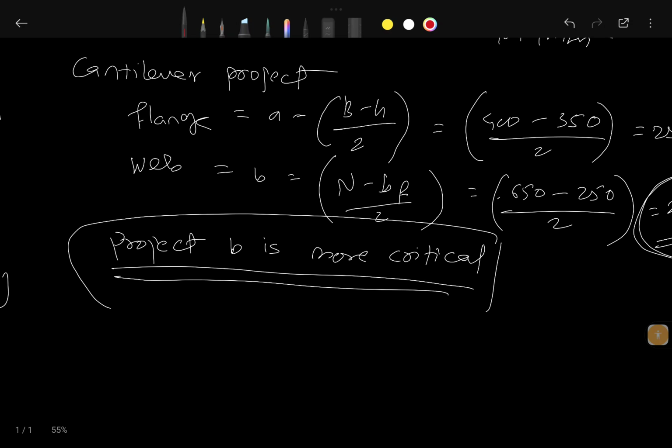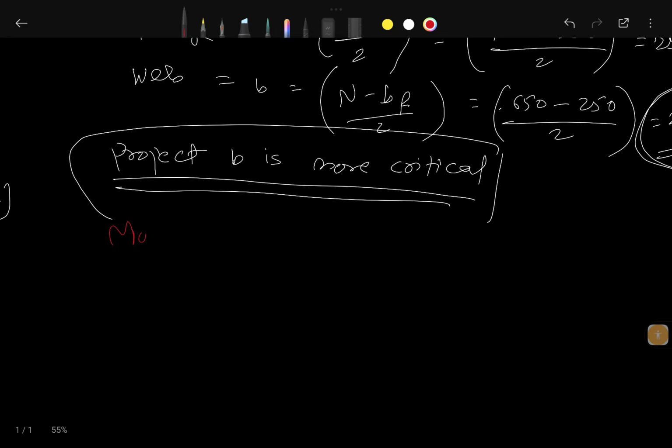For that, we consider the base plate is fixed and do the moment calculation. The base plate is fixed because the eccentricity is very high and the moment is very high, 150 mm. That's why we use this conservative assumption, and at the face of the column web or flange, the bearing pressure is uniform under the compression zone.